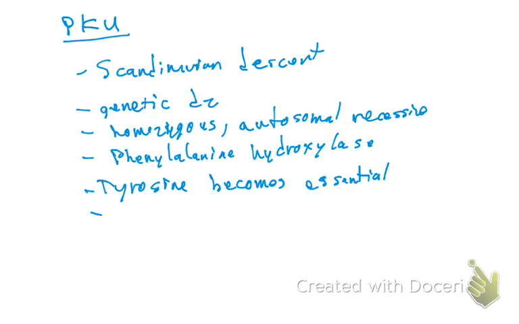So I mentioned that we need to give them whatever they need, but also if we know which kind of food, through diet we can give the patient the tyrosine that they need.